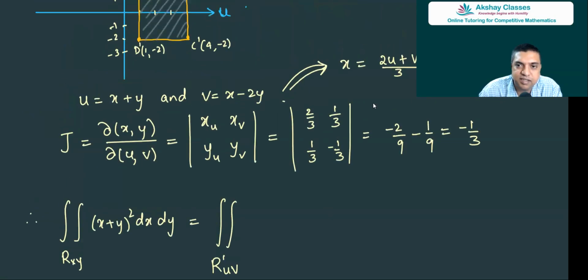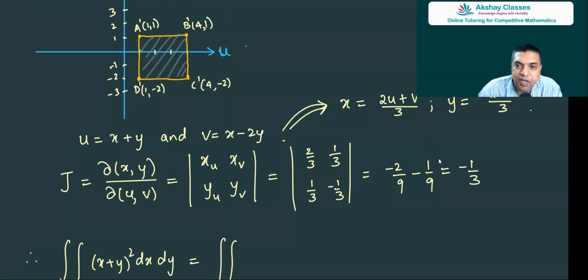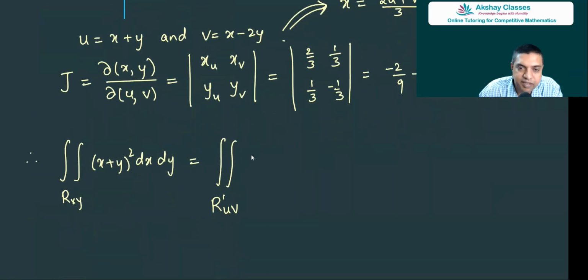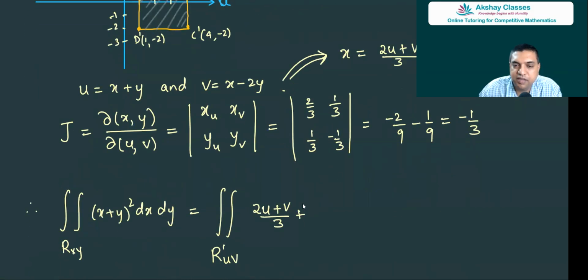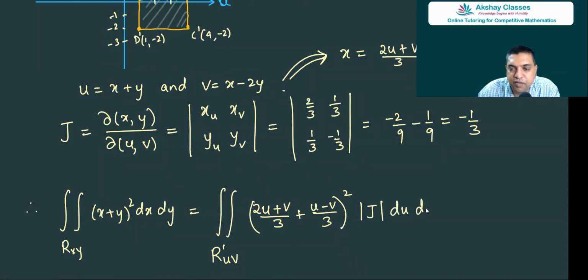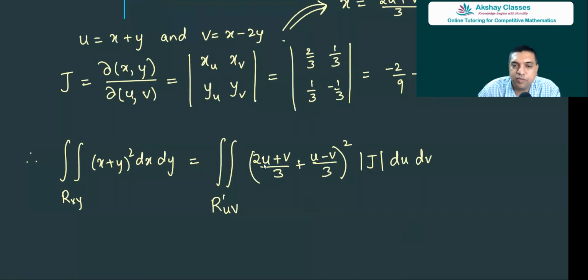Now x will be replaced by (2u plus v) by 3 plus (u minus v) by 3. Oh, so x plus y is already u, so doesn't make a difference. Straight away you can write that, times modulus of Jacobian times du dv. So automatically v cancelled and you get u square.